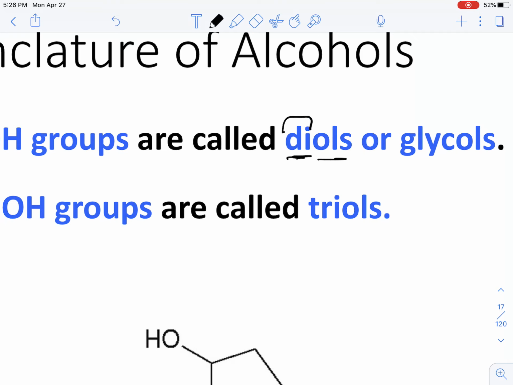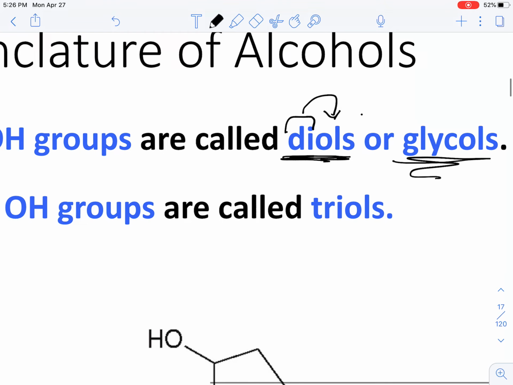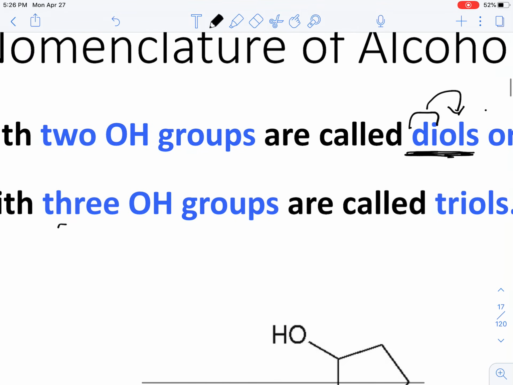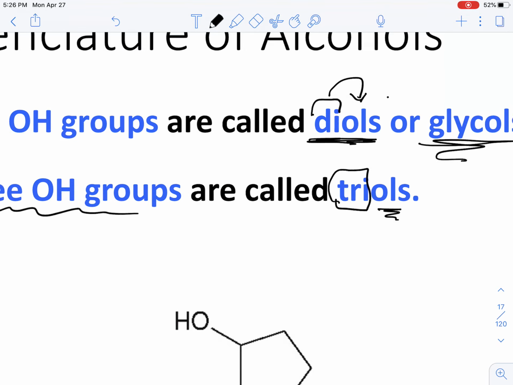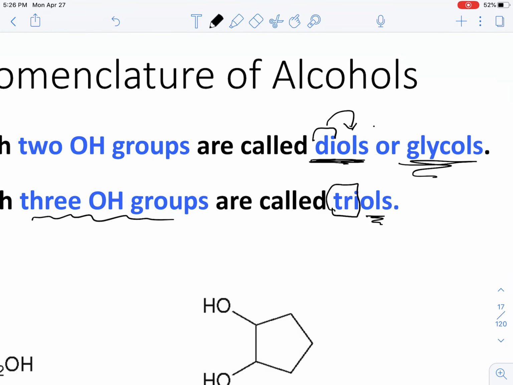So this di means 2 alcohols. Okay. Another name for diol, so this is just a common name, is glycol. Okay. And so you can either use diol or glycol. Now, if there are 3 hydroxyl groups, then here we have a triol. Okay. So 3 alcohols on that one particular organic compound.